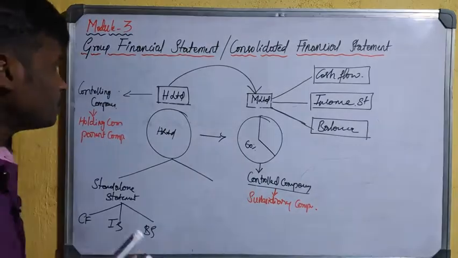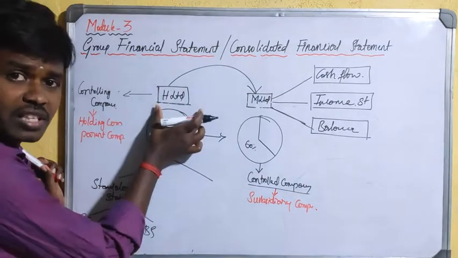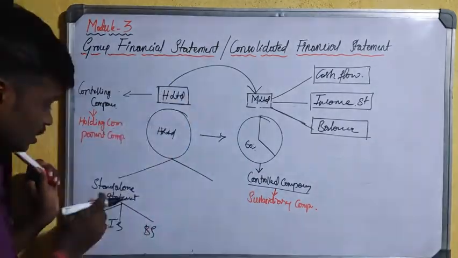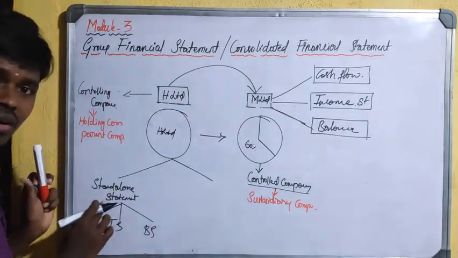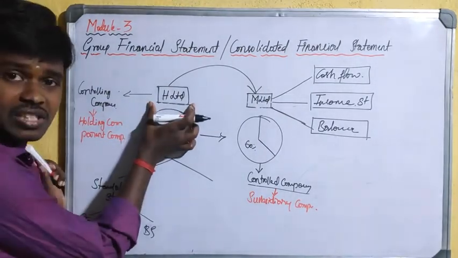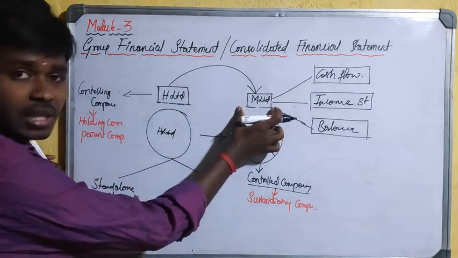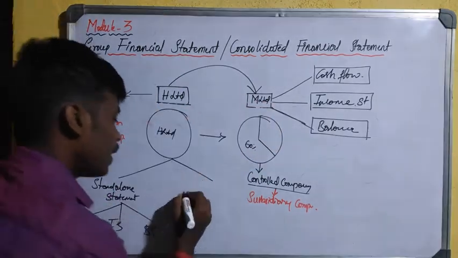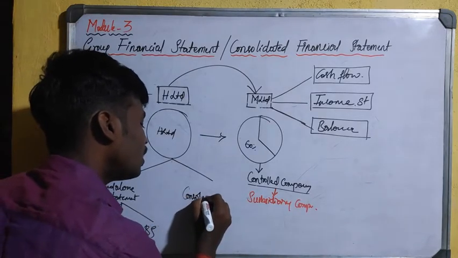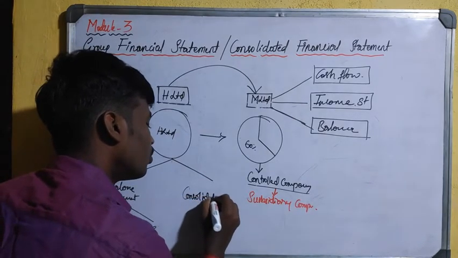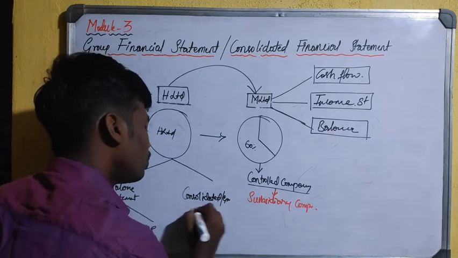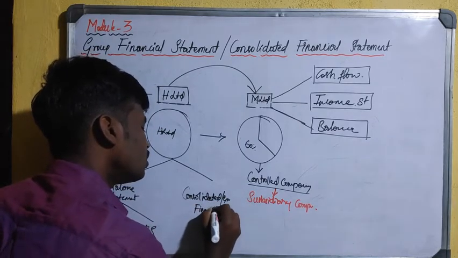So therefore, H Limited, to know the financial position of only H Limited, will prepare the stand-alone statements. To know the financial position of H Limited including M Limited, it will prepare the consolidated or group financial statement.